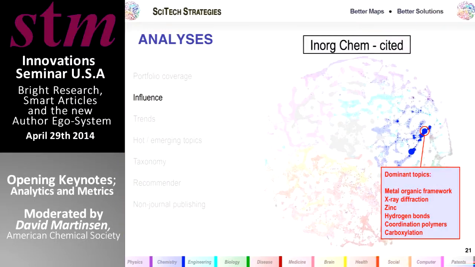So maybe we want to increase our position in that set of topics because our papers are obviously of much higher than average impact in that area. Those are the dominant topics associated with that chunk right there. So that's the type of analysis that can be done regarding impact with a broad database and with mapping techniques.